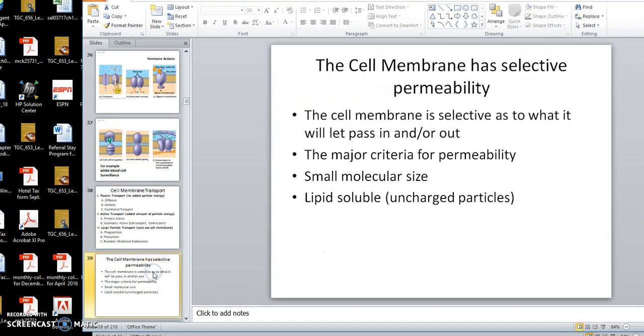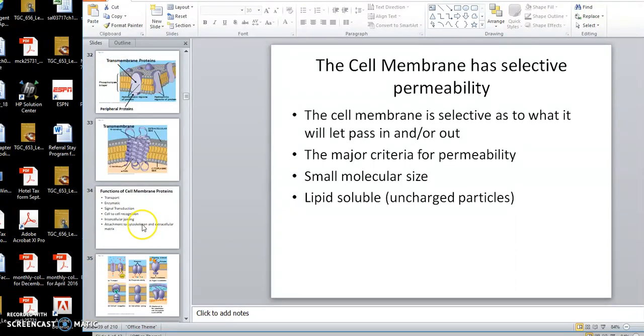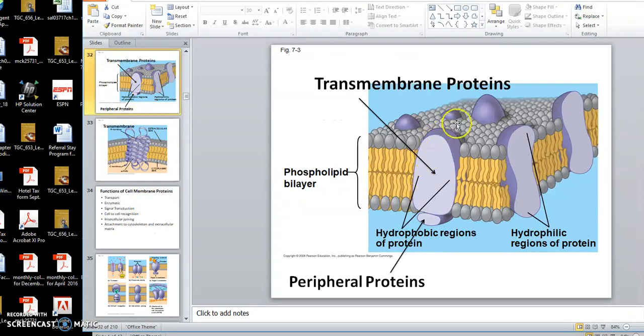All right. Now the cell membrane has selective permeability. What does the cell membrane like to let through? The cell membrane is primarily lipids, and lipids go through lipids. So something that is lipid soluble can go through the cell membrane in or out quickly, because it can go almost anywhere.